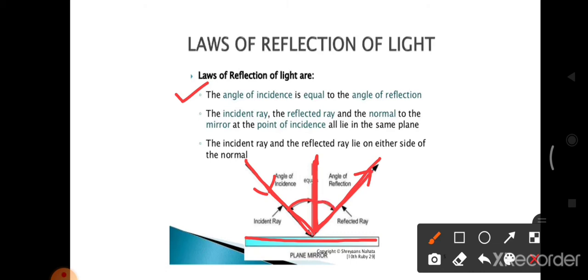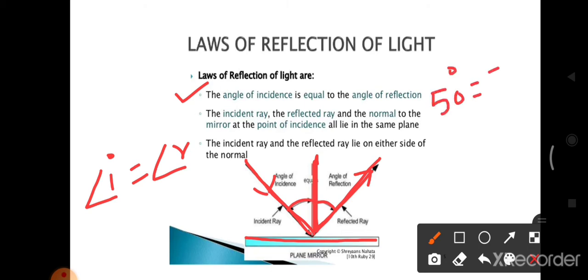The first law says that the angle of incidence is equal to the angle of reflection. That means angle I is equal to angle R. If angle I is 50 degrees, the angle R is also 50 degrees. If angle I is 40 degrees, the angle R is also 40.